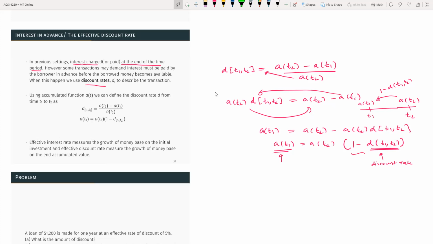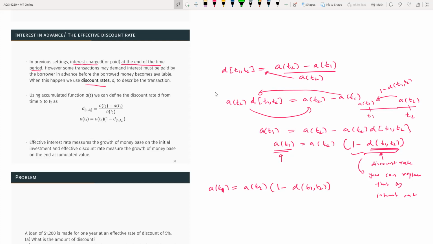Now you can replace this entire expression using the interest rate. Later we will do that. Right now you can write the formula with 1 minus D(T1,T2).